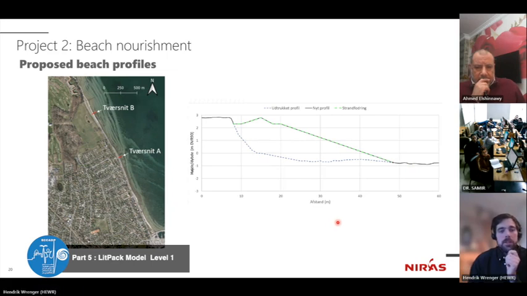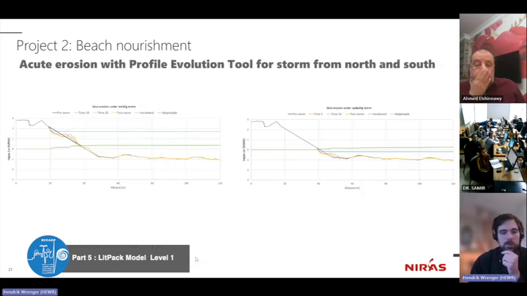And then we want to assess the longshore transport of such a beach nourishment, because that beach nourishment is established in a fairly short amount of time. If we place that, how will that develop? So that was one of the scopes here.